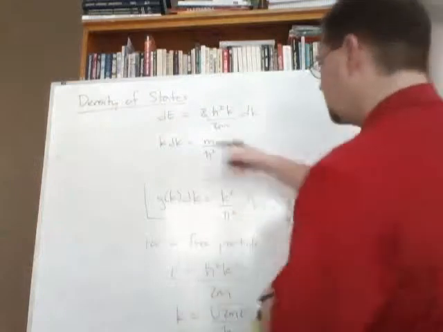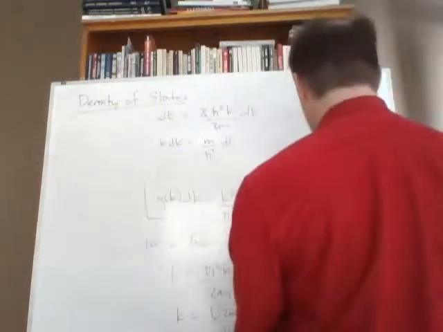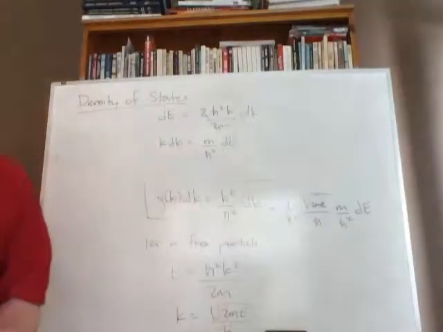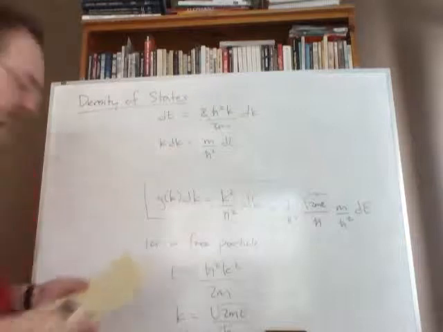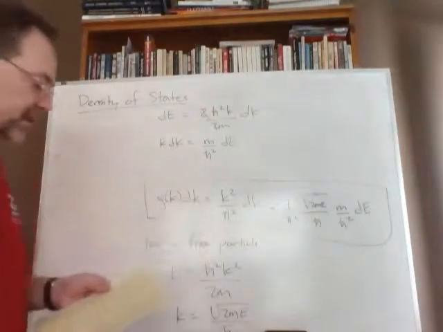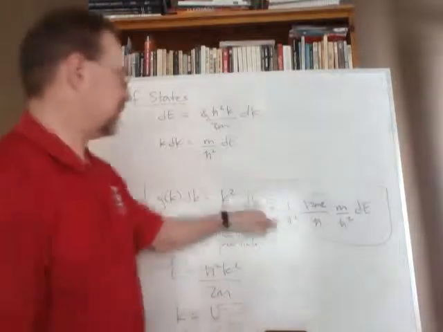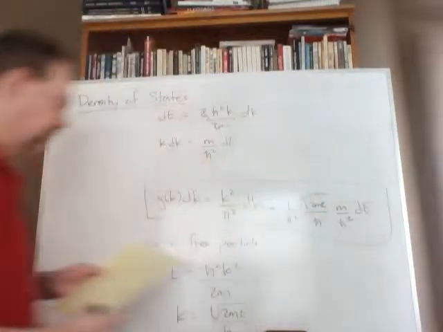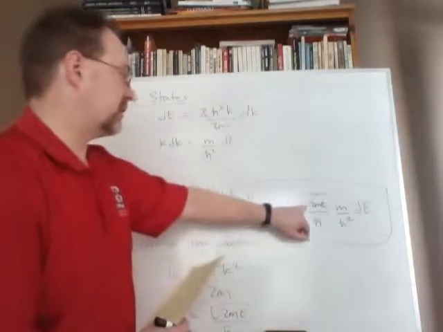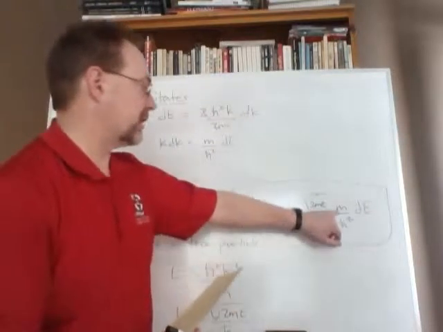That's k, and then my k dk is m over h bar squared dE. I'm going to simplify this a little bit, but let's ponder this. Here's our 1 over pi squared. We've got our k and our k dk. I've got a square root of E, a square root of 2m, and an m.